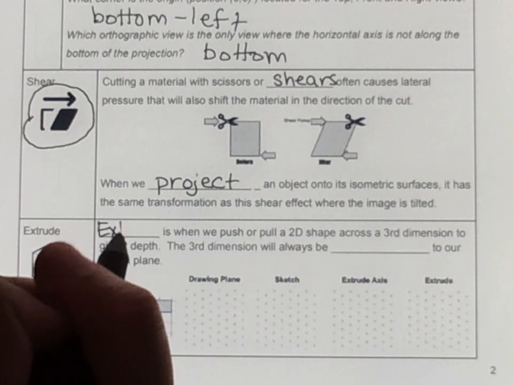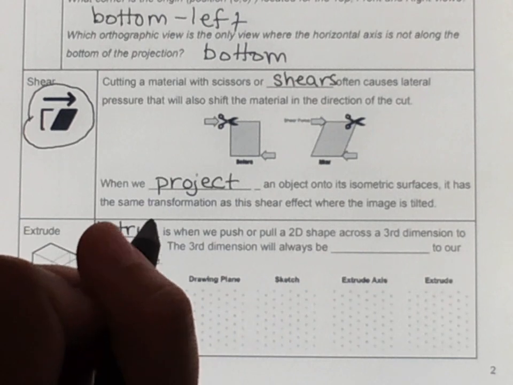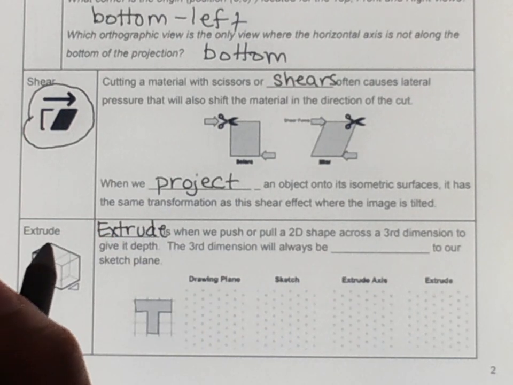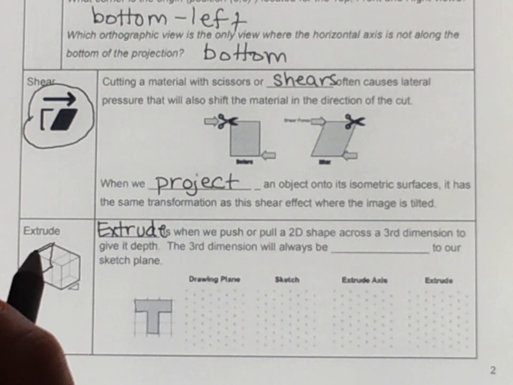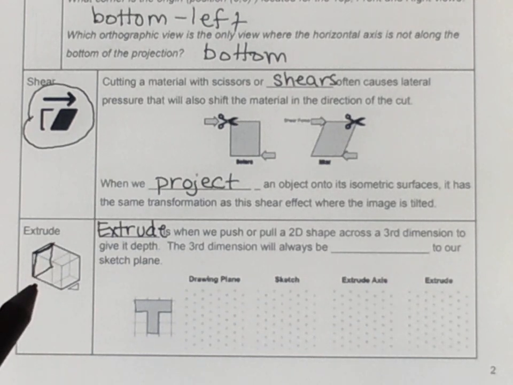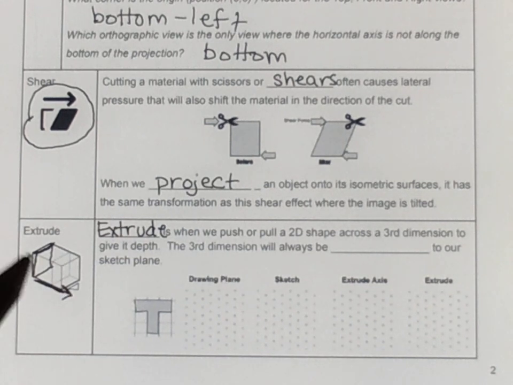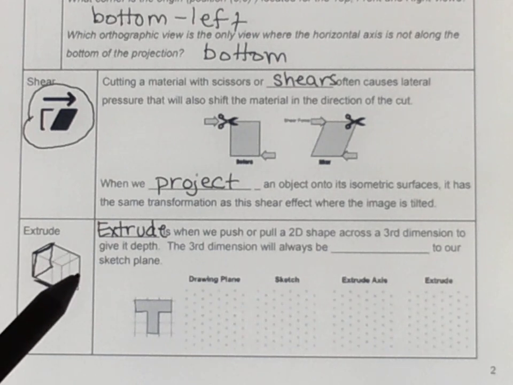And extrude means that I start with some two-dimensional form. In this case right here, it's a rectangle. And I'm going to move it along an orthogonal axis. Okay, so extruding it along this direction is actually going to make it into a rectangular prism.